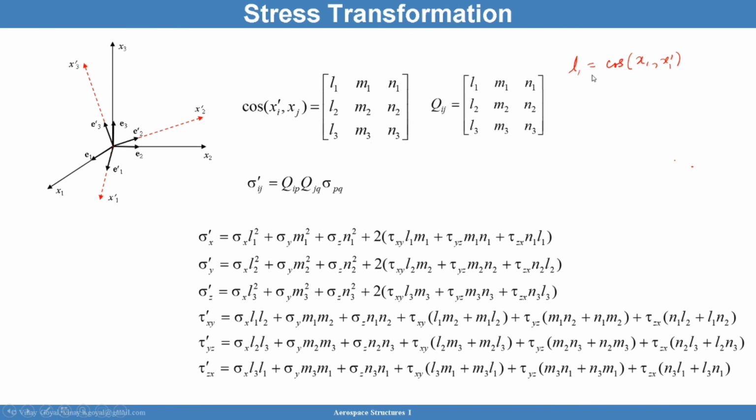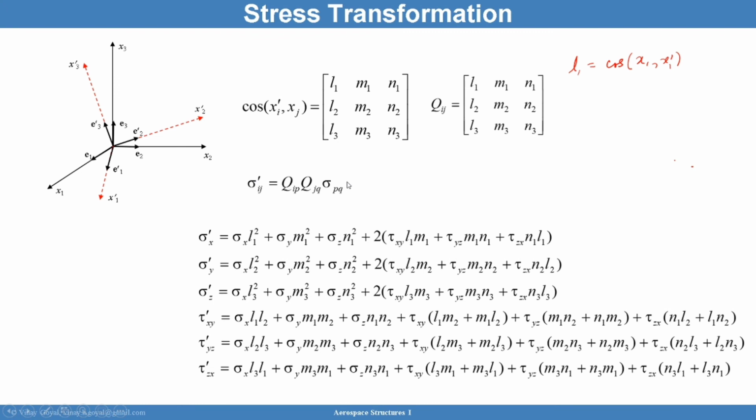Once you get the cosine calculations between the angles here, you fully populate this, and I'm going to label this as Qij. This is just basically saying that Q11 is this, Q12 is this, Q13 is this, and so forth. The transformation formula is given by this.